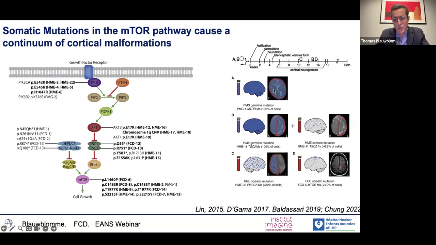The earlier the somatic mutation appears, the more widespread it will be. And you can have an expression that can be very localized, like the so-called bottom-of-sulcus focal cortical dysplasia, up to a malformation that will involve a whole hemisphere, like in hemimegalencephaly. This is the same mutation in the brain occurring at different times in cortical neurogenesis.